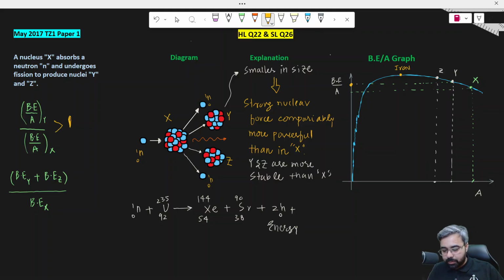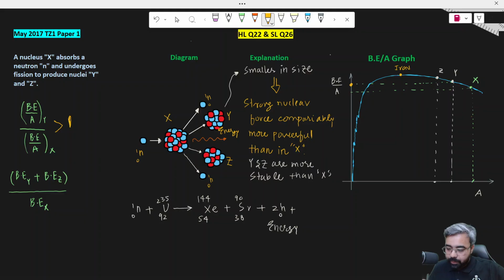Now, let's come to the second part. We know that energy is released whenever this nuclear fission reaction takes place. So how is that energy released? A certain amount of mass of X will be lost, and that will convert into an equivalent amount of energy which is released during the reaction.